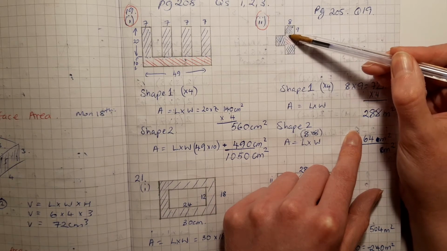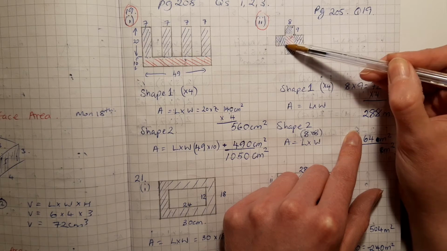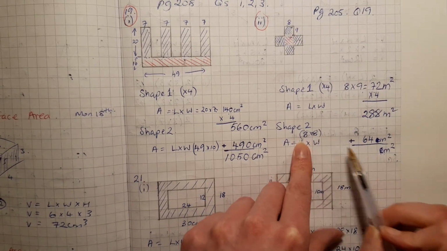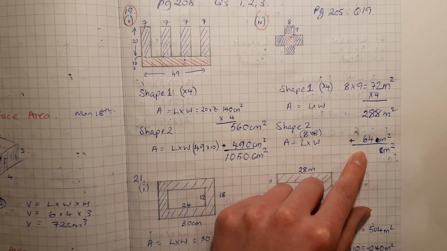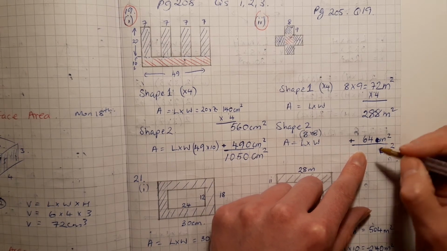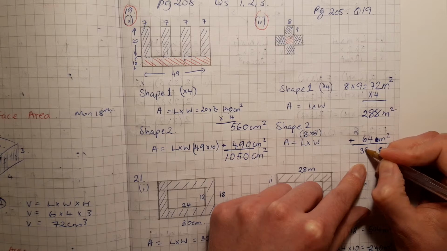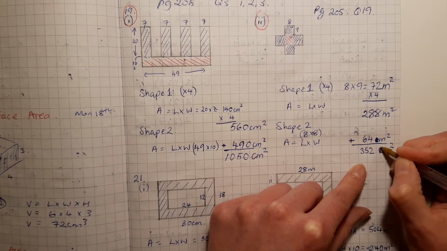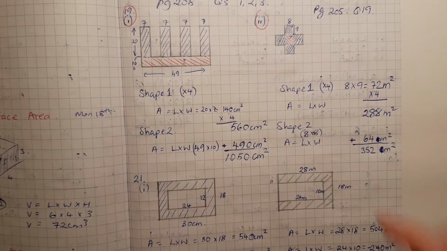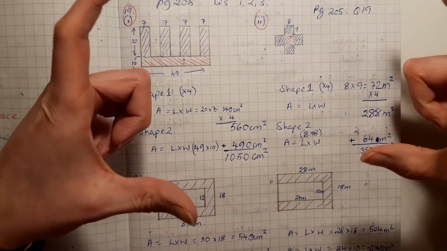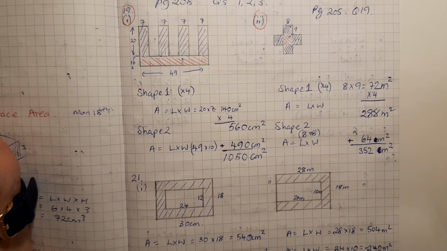So it's a proper square in the center, and we looked at 8 by 8 being 64. To get the total, you just add these 2 together, the 64 and the 288, and your answer is 352 meters squared. So it's not centimeters, it's meters squared, and I'm just going to double check that. Yes. So that was the first part of your assignment, to take a picture of that and upload it.